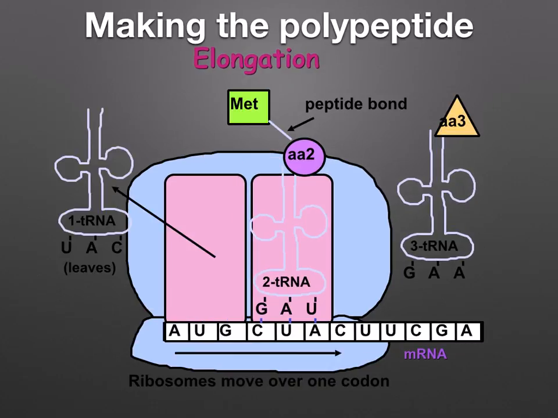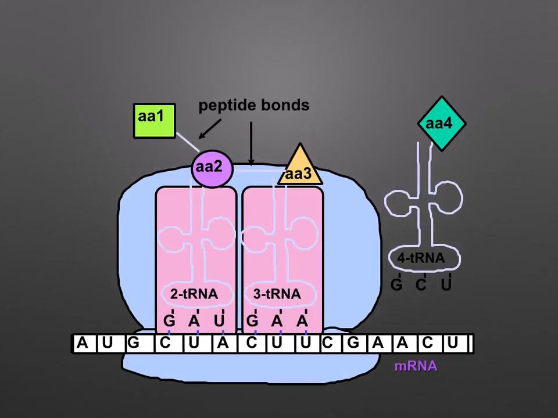As the ribosome starts to move over to the next codon, the first tRNA is released from its amino acid, which was methionine, and it's free to collect another methionine from the amino acid pool in the cell. The ribosome moves into the third codon and the sequence of the messenger RNA, so that your second and third amino acids are linked together.